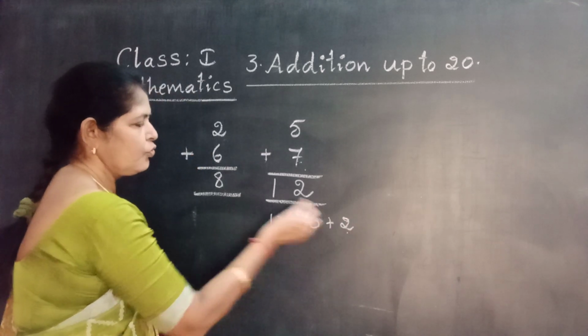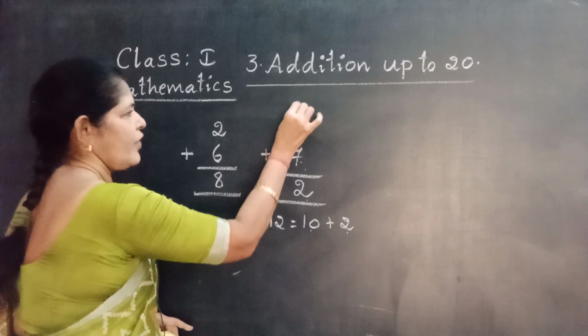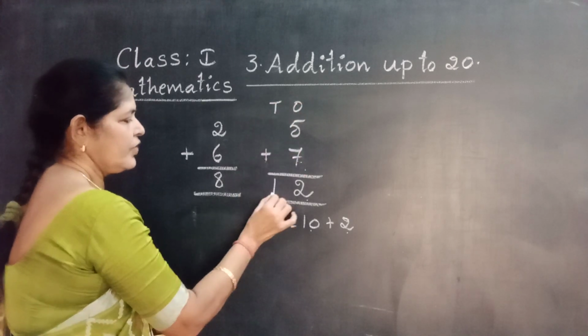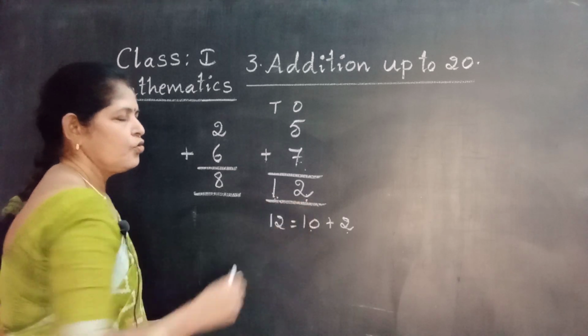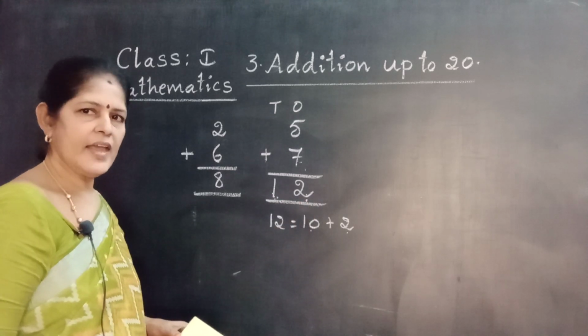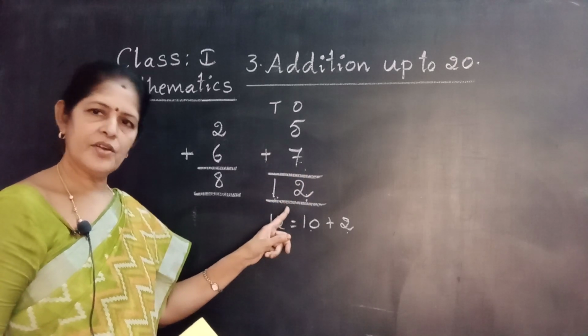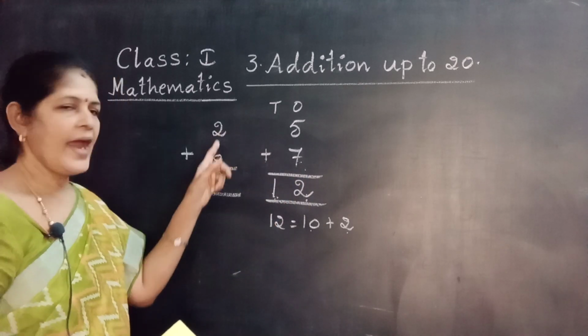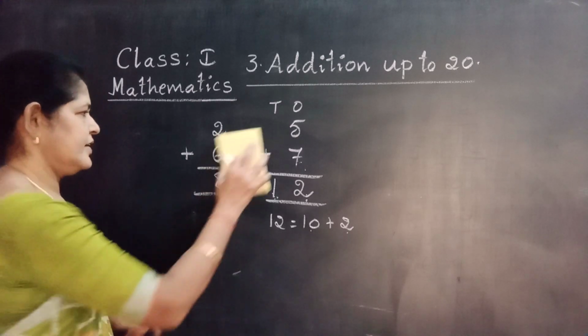The answer is 1 ten, 2 ones, 12. Okay? Adding 1 digit numbers, we can get a total that is a 2 digit number, or here adding 1 digit numbers, the total is also a 1 digit number.